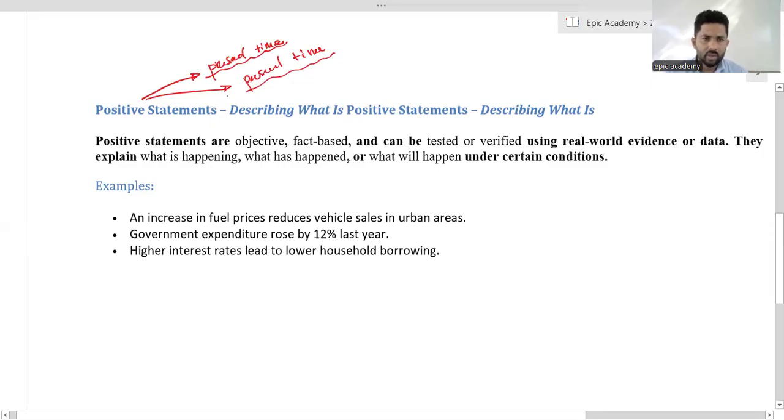And also, according to the evidence, the data or information from the past and present time periods, they can forecast what will happen, and we call it the future time period.